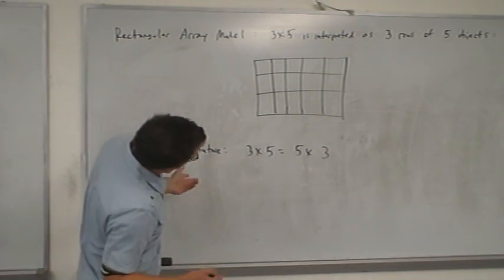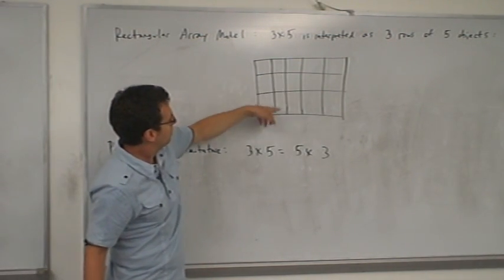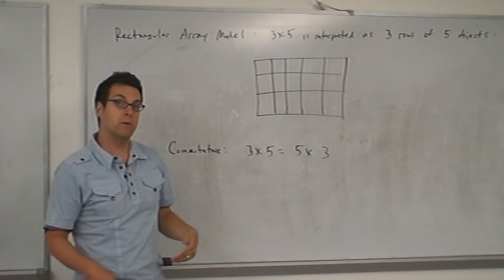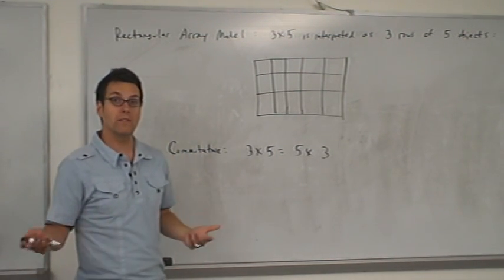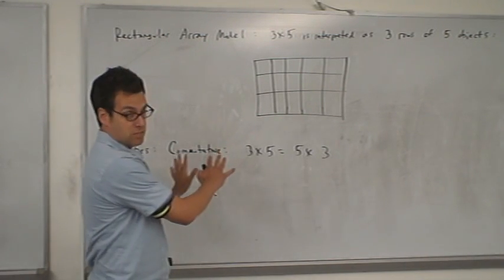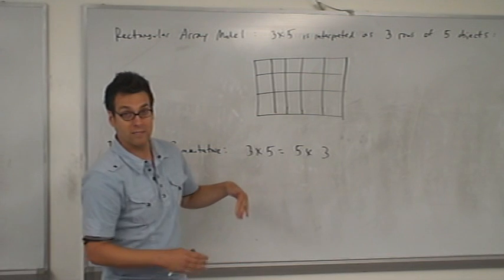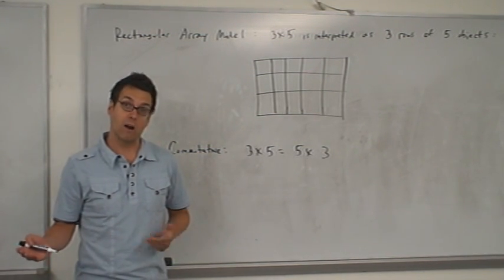However, if we tilt our head, now we see 5 rows of 3 objects, which we would interpret as 5 times 3. And since I didn't do anything to the diagram, the same number of squares are certainly there if I look at it straight on and see 3 times 5, or if I tilt my head and I see 5 times 3. That must mean that 3 times 5 and 5 times 3 are equivalent.